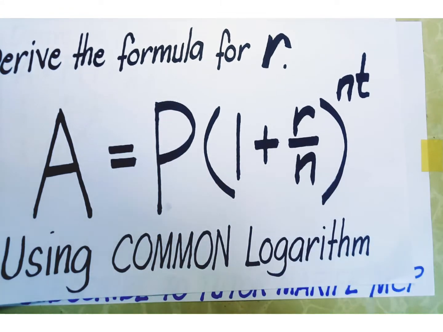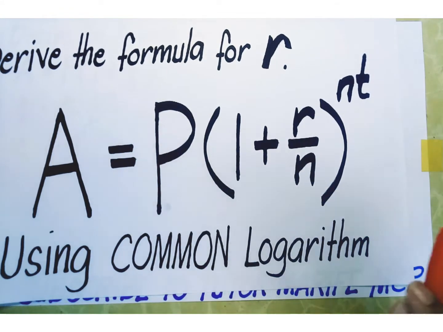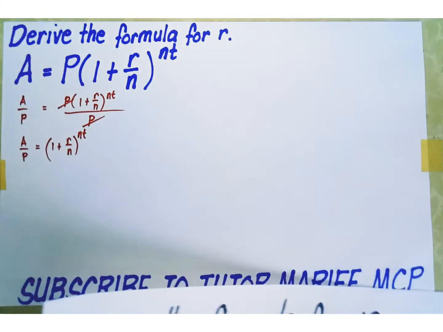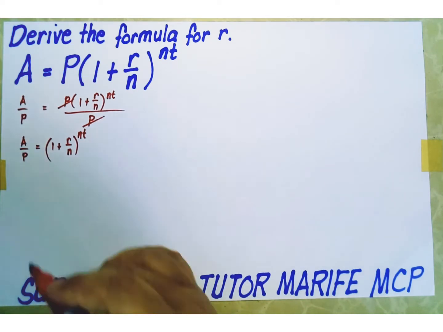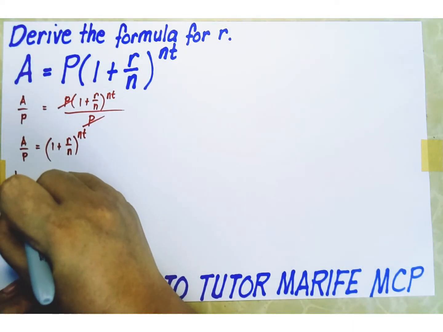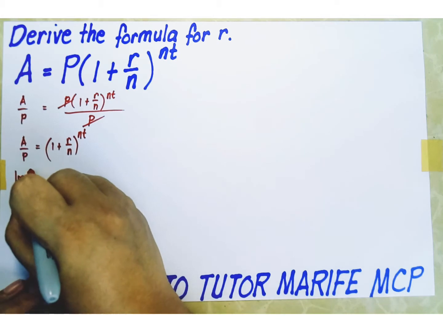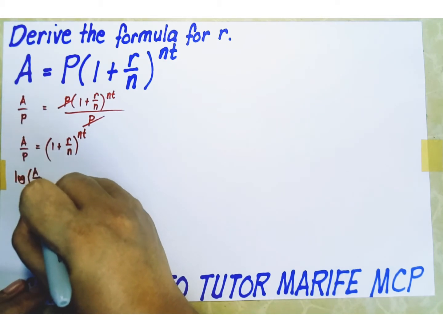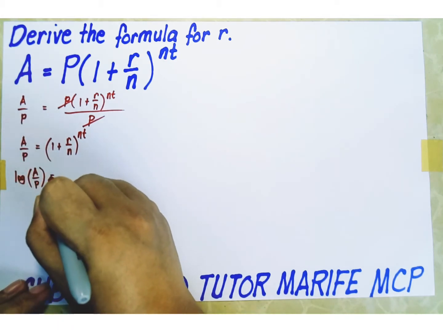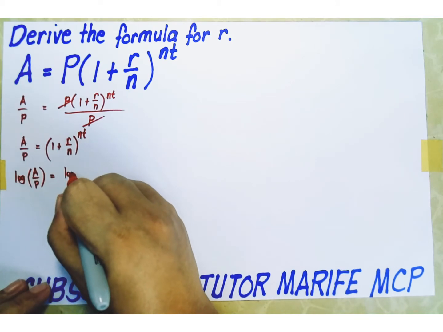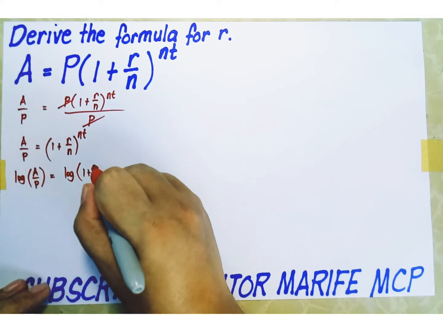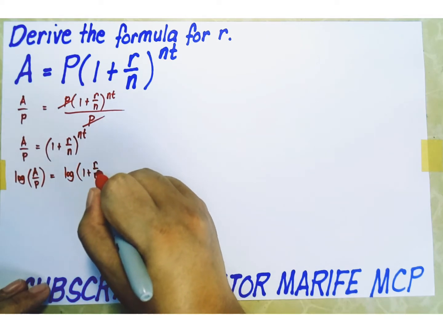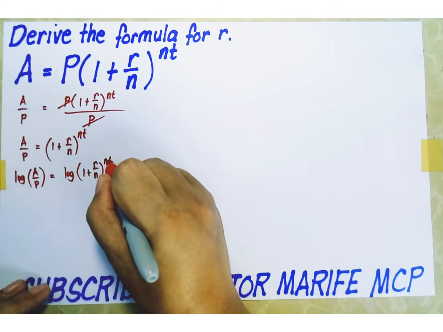I had already used the natural logarithm, so this time I'll use the common logarithm. Common logarithm is base 10 logarithm. So I'll take the logarithm of the quotient on the left side and the logarithm of the exponential expression on the right side.